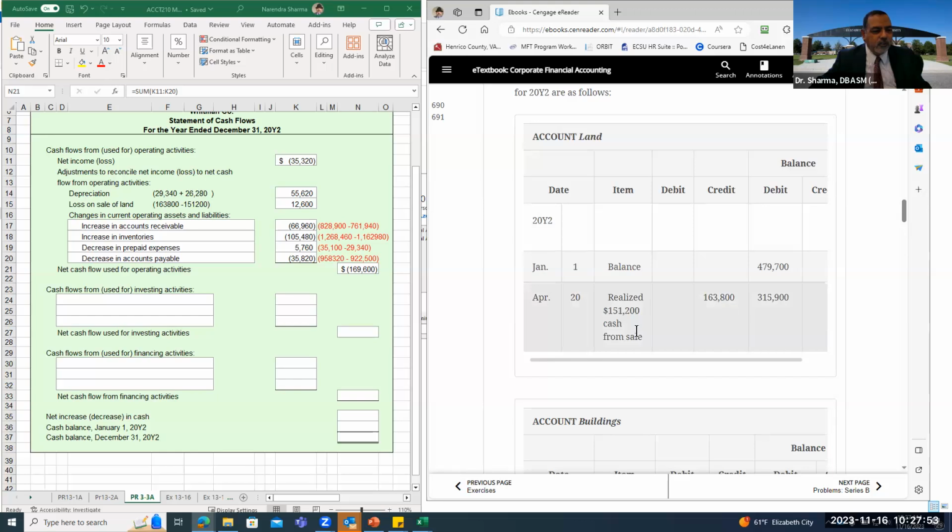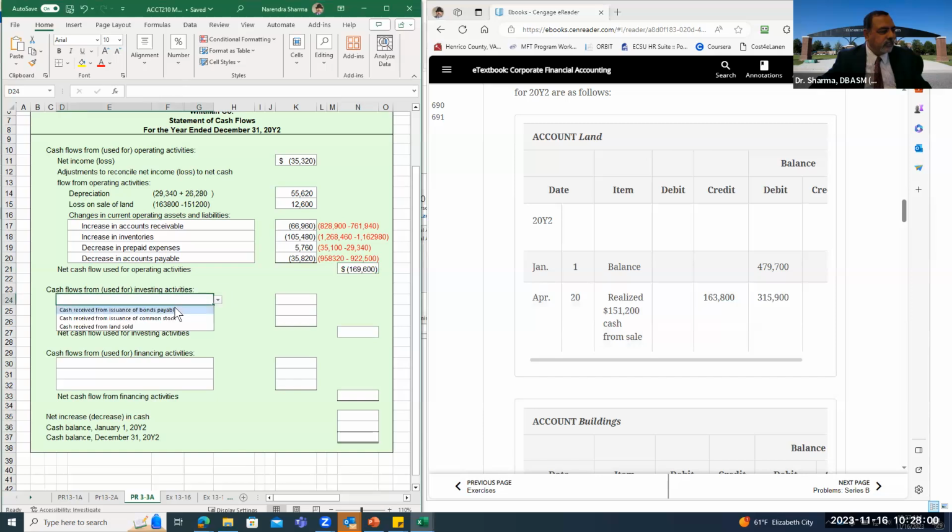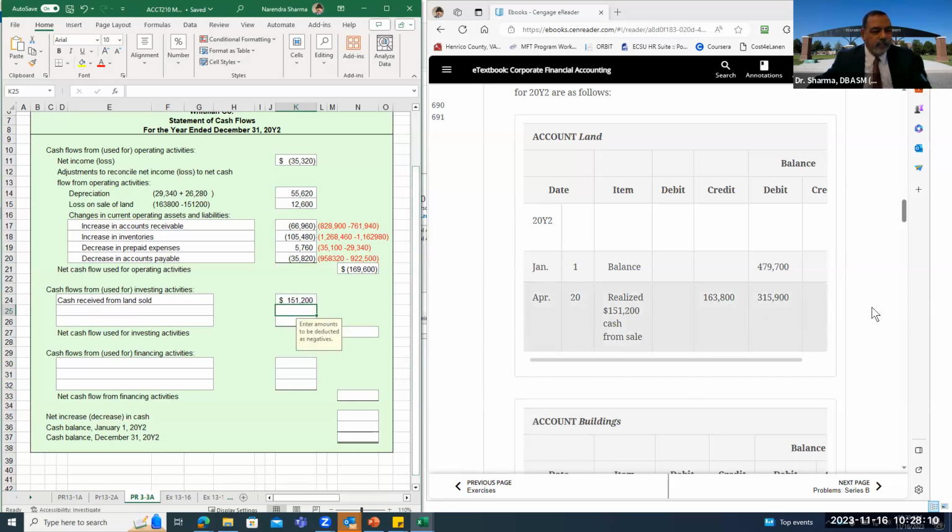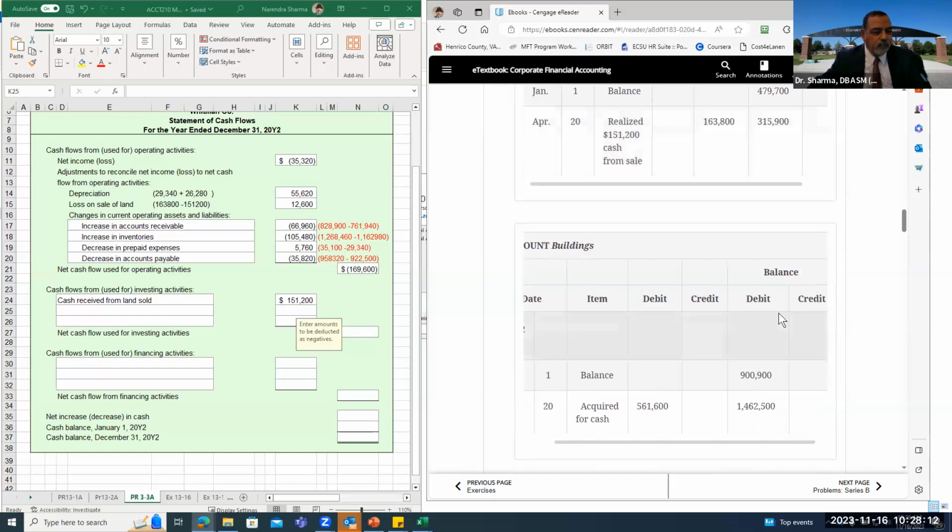Now we already know we sold a land and received 151,200. So let's take that. This is cash received from land sold. That is a positive amount, 151,200. Okay, land is taken care of. Now we see a building.